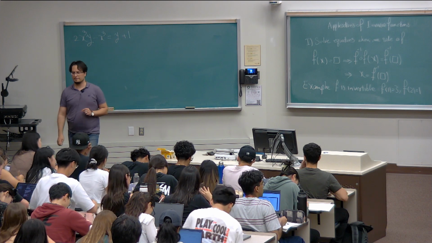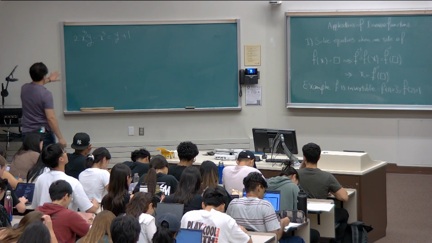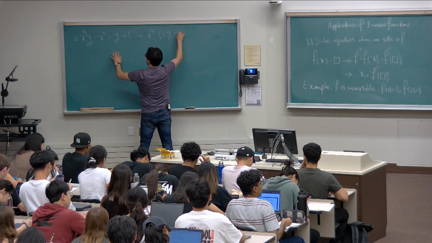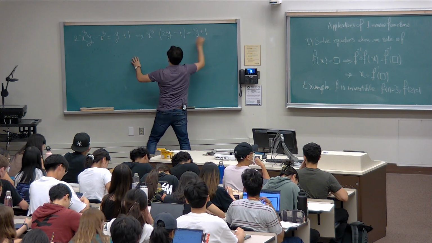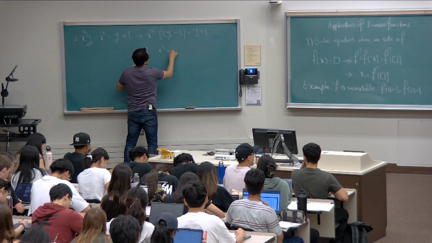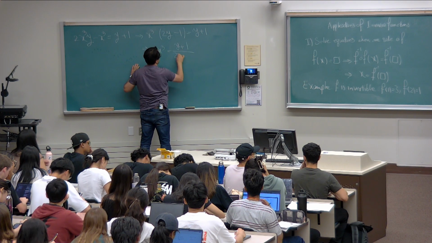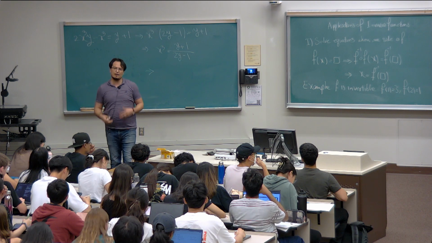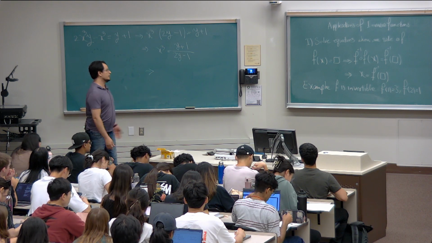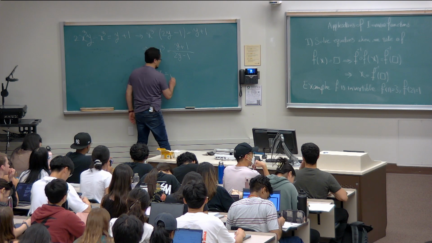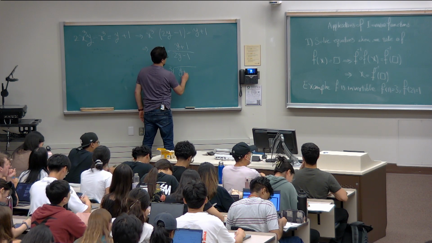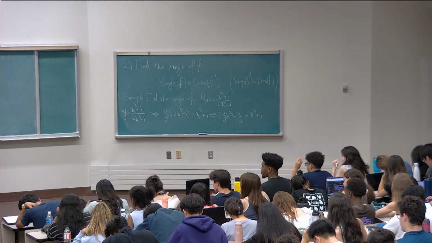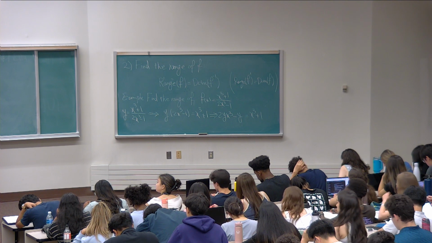Okay, so I can factor out x cubed here, and then divide by the coefficient on the other side. I'm looking for x, and I found x cubed, so I take the third root of the right-hand side. That is my F inverse.